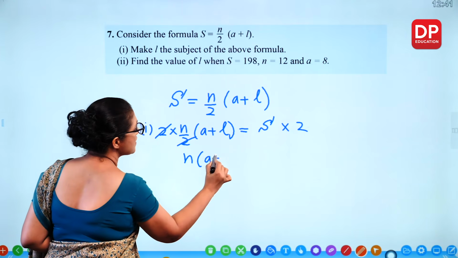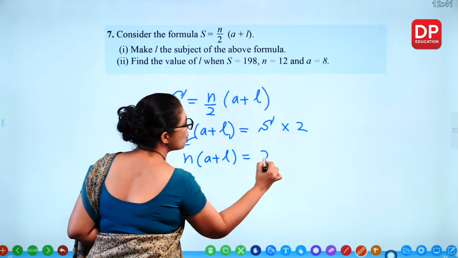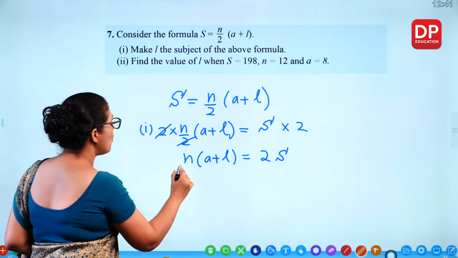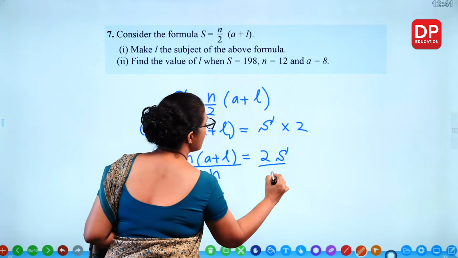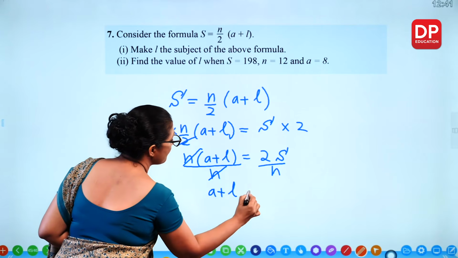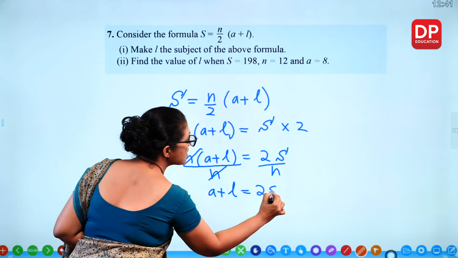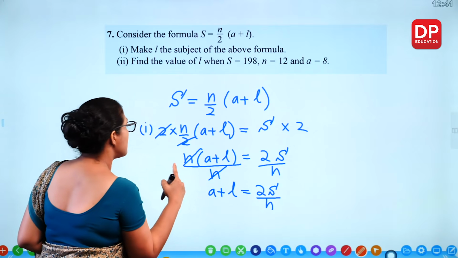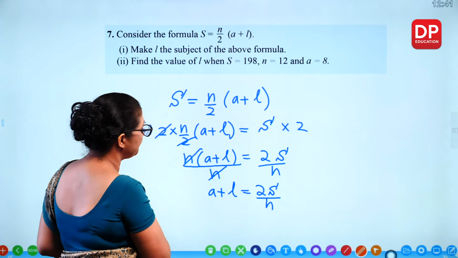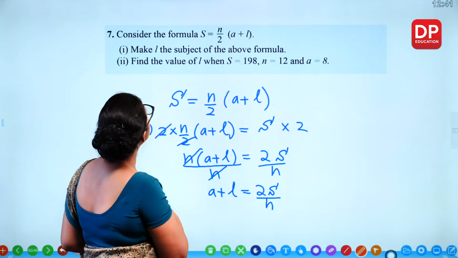N times a plus L equals 2s. Now I can divide both sides by n. So what's a plus L? 2s over n is a plus L.